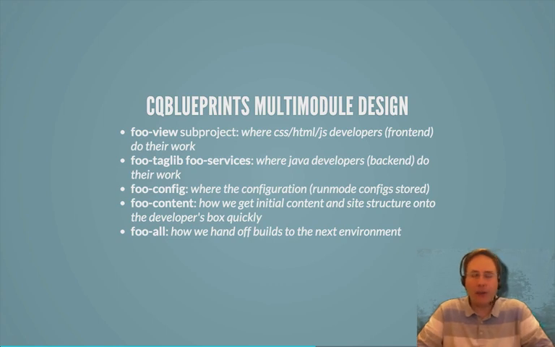So for example, the CSS, HTML and JavaScript front-end developers can all work in the view subproject. The Java developers doing the back-end work can work in the taglib and the services directories. All of the configuration files are stored in a separate project, and then you have the content directory for getting content quickly onto the developer's box, and so on.